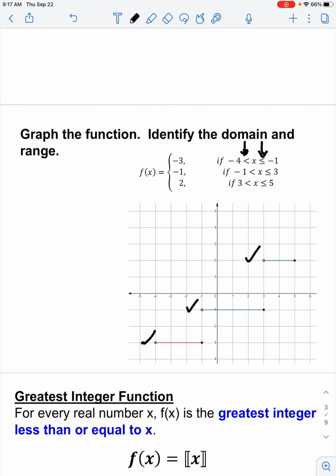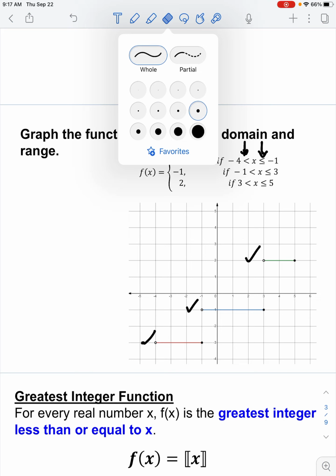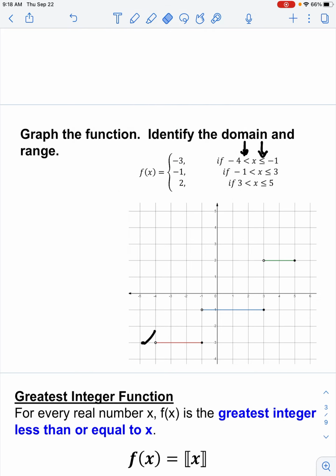And then when f of x equals -1, we have a solid endpoint at +3. And then when f of x equals 2, on the right end, we have a solid dot where x equals 5. So our graph looks like a series of three horizontal steps, as you can see there.